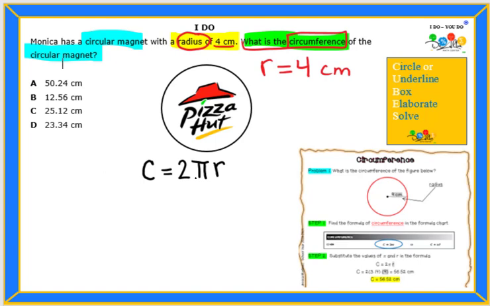So we're going to substitute the values into the pi and r in the formula. So circumference equals 2 times, for pi, we're going to use 3.14.